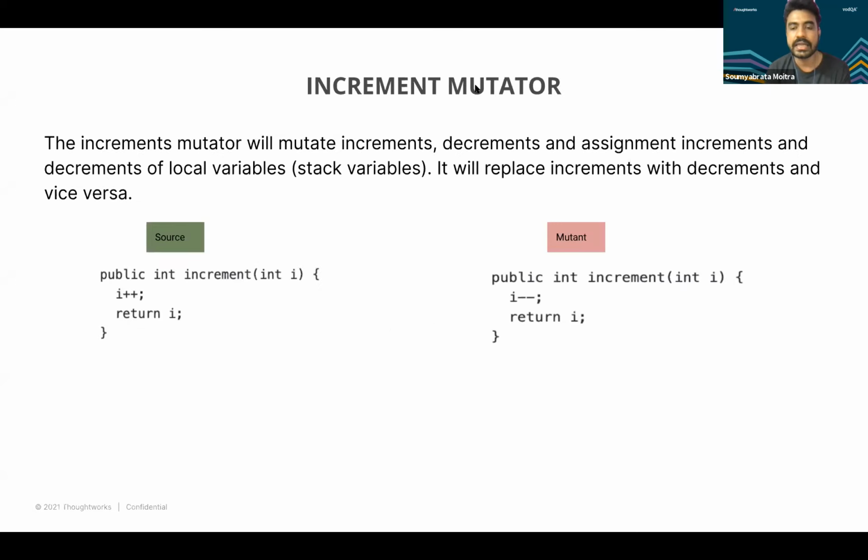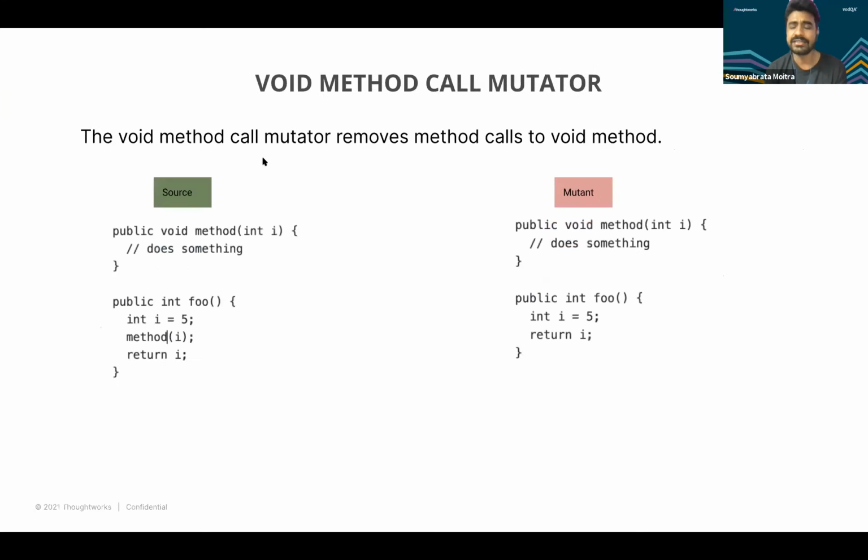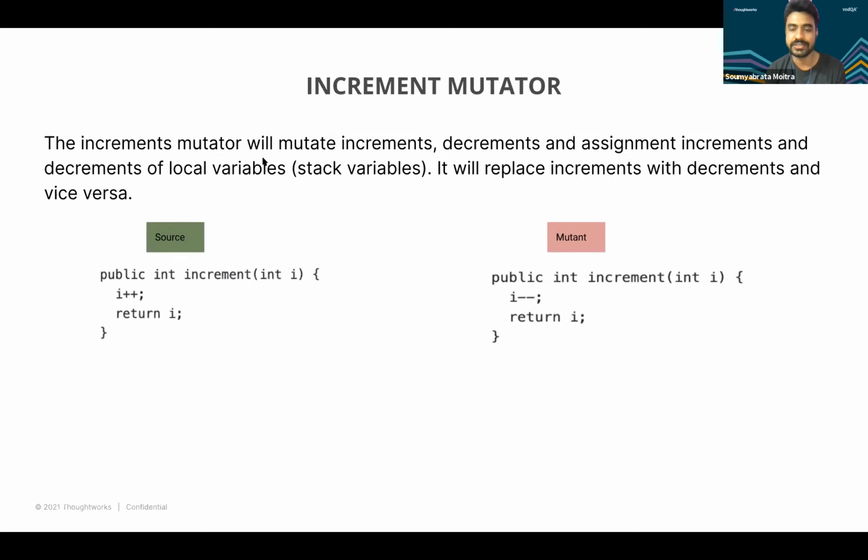This is an increment mutator, and it's very easy to enable or disable these mutators in the code. You can just go to your pom.xml and enable or disable the mutator. We'll discuss that in the demo. For now, let's just understand what the mutator will do.